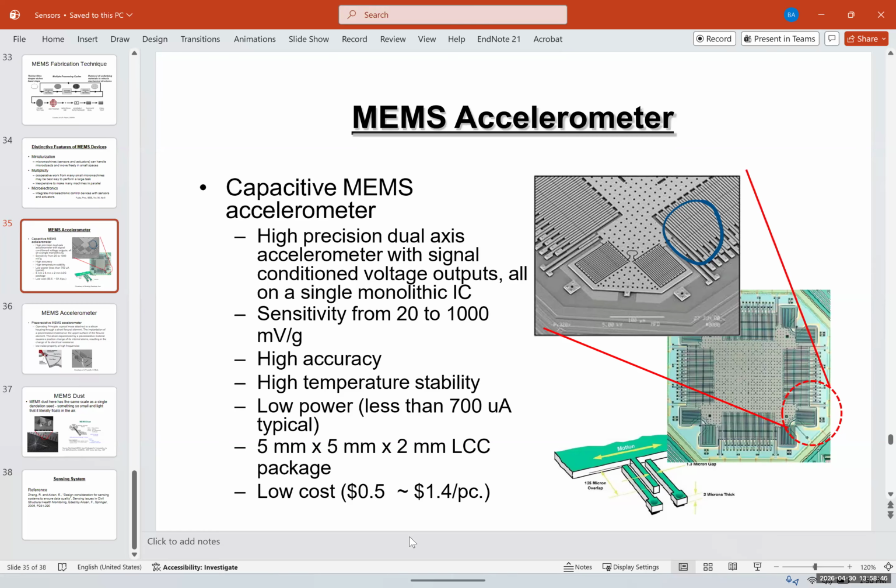Power is less than 700 microamps, which is very small compared to an external sensor. It's 5 millimeters by 5 millimeters by 2 millimeters, so extremely small, in an LCC package. And it's very low cost, about half to $1.4 per piece, 50 cents. For a normal sensor, that's going to be a couple of bucks.